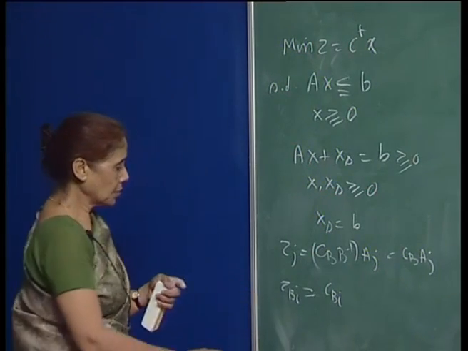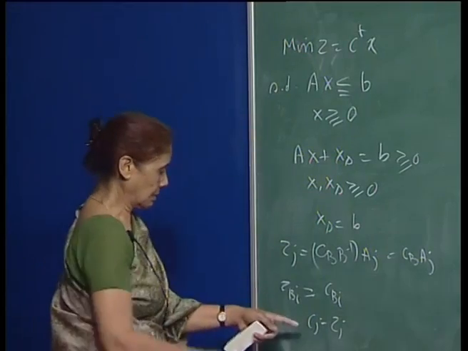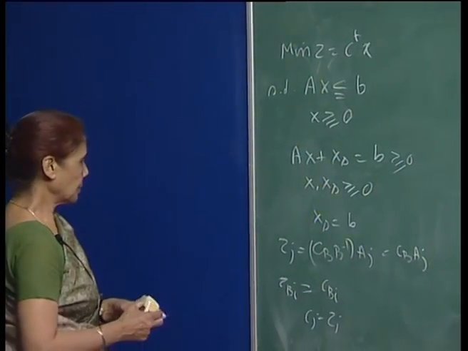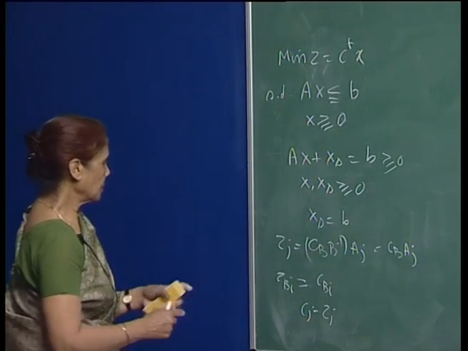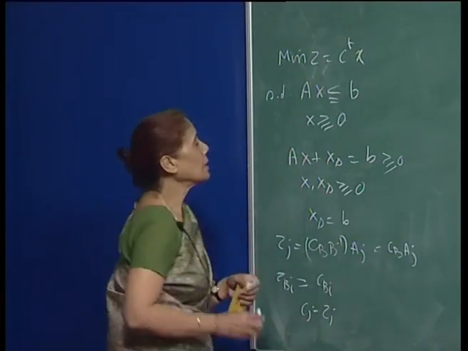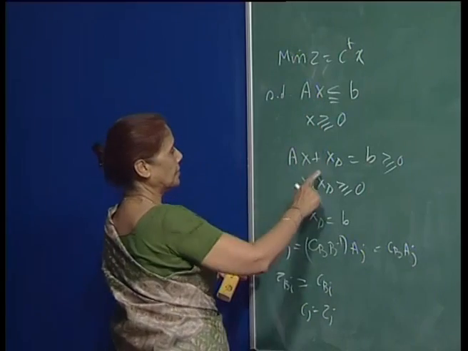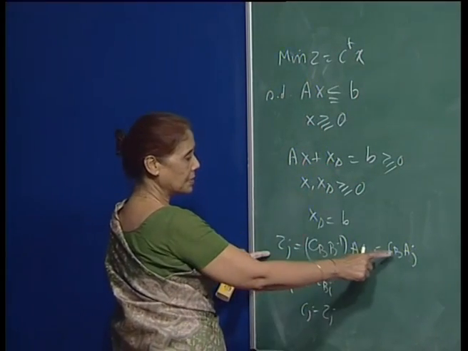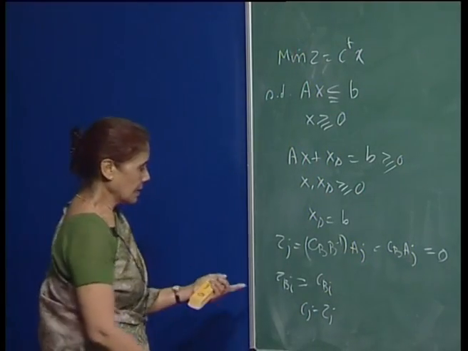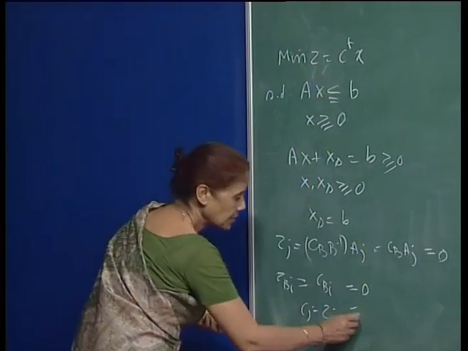So you have to write Cj minus Zj. Now what are your Cbs? For the slack variables, your Cbs are all zeros. So therefore my Cj minus Zj will simply be Cj.